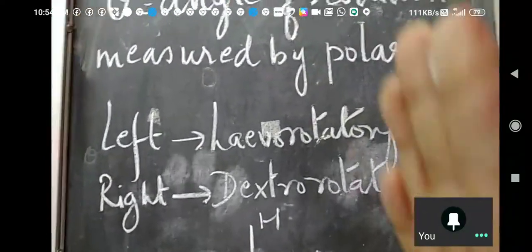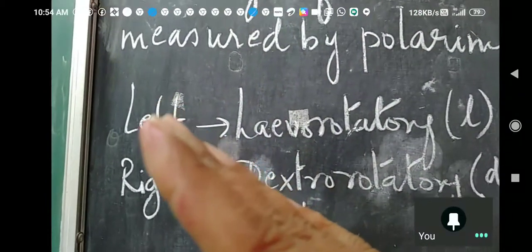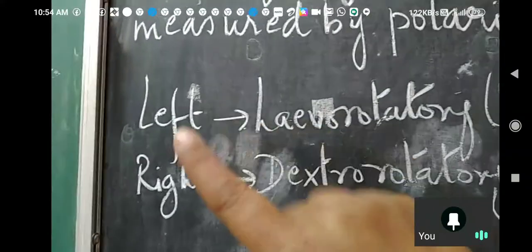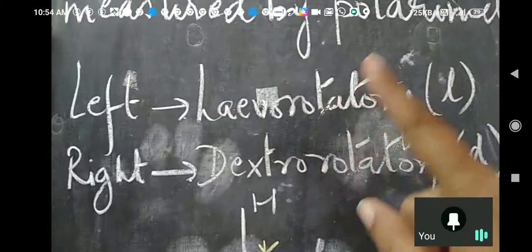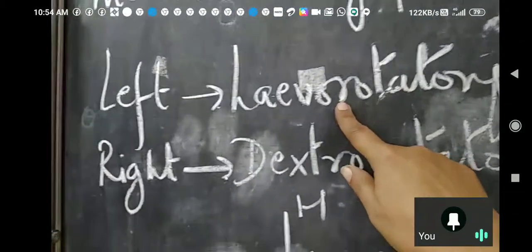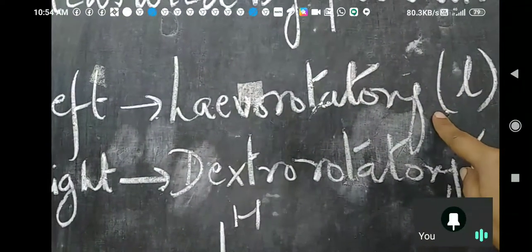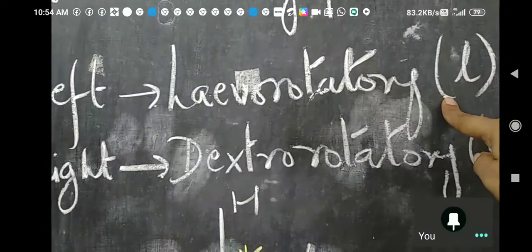If the plane of polarized light is rotated towards left like this, the organic compound is said to be optically active first of all, and then it is levorotatory. Levo means towards left, and in front of the name of the compound, in simple brackets we write small l.